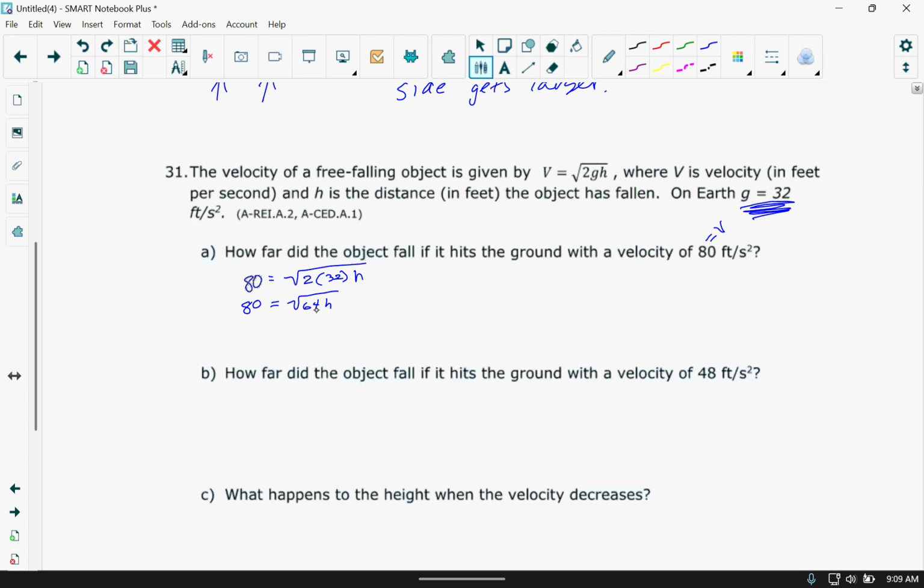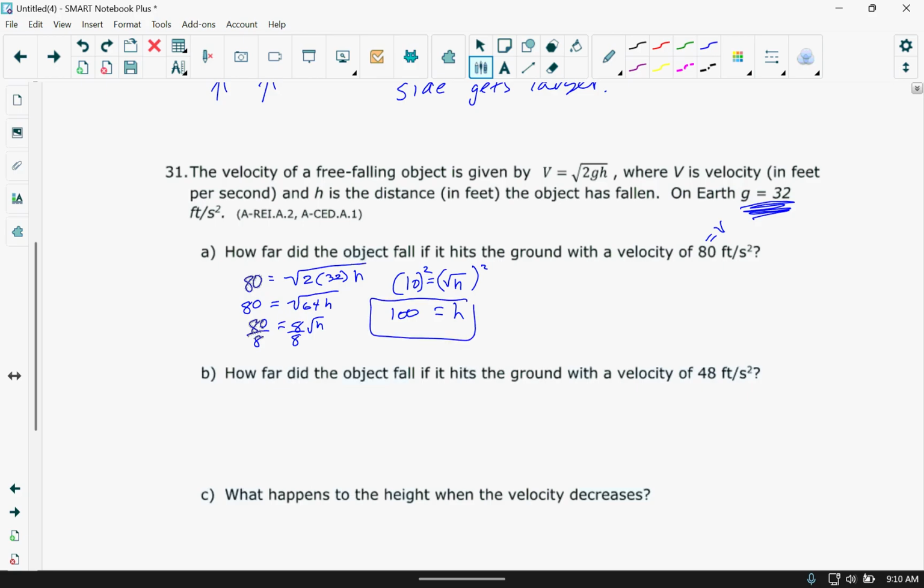The square root of 64 is just 8. So 8 is outside of the square root, and h is inside. And then I just divide by 8. So I get 10 is equal to the square root of h, and then I square it. So that means h is equal to 100. So in order for the velocity to be 80 feet, the height has to be 100.